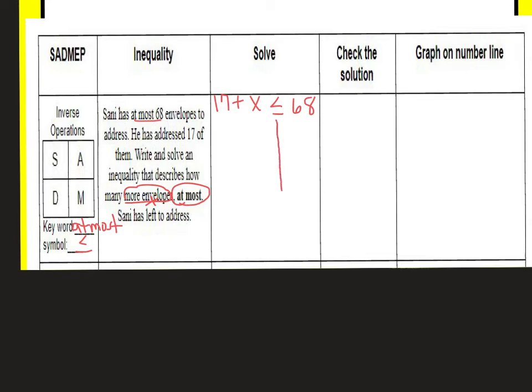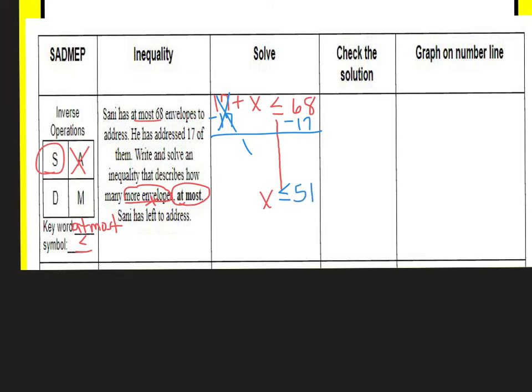We know that we're adding here, so what's the inverse of addition? Subtraction, right? So I want x by itself. So remember, I'm going to do the inverse of that. So I need my 0 pairs. What I do to one side, I do to the other side. I get my 0 pairs, and therefore I end up with x is less than or equal to 51.